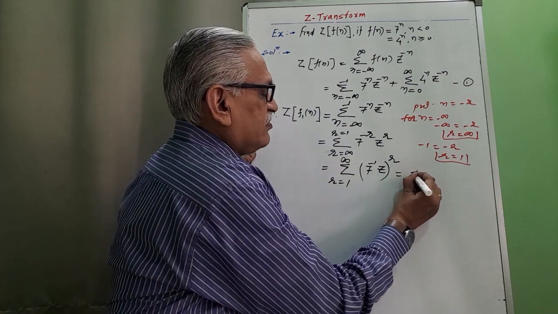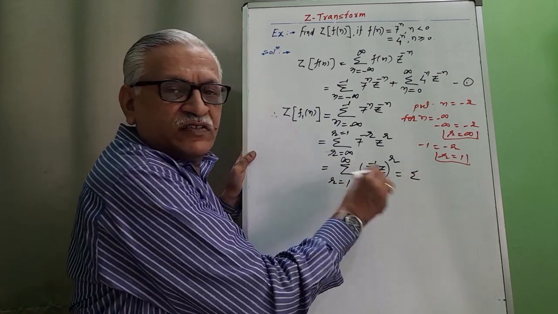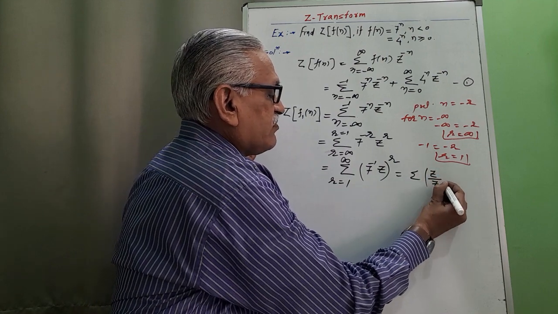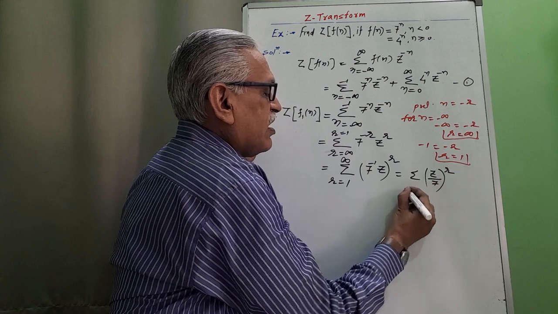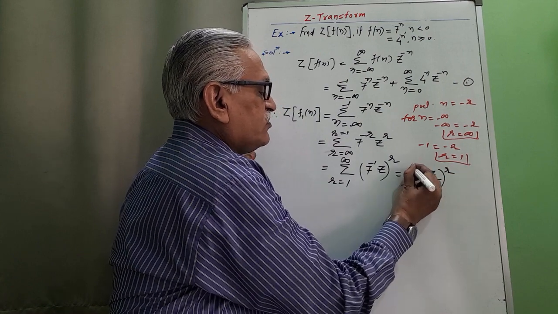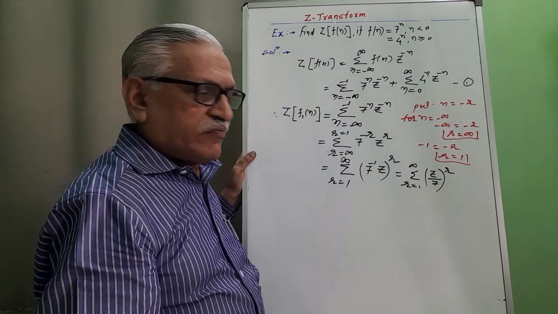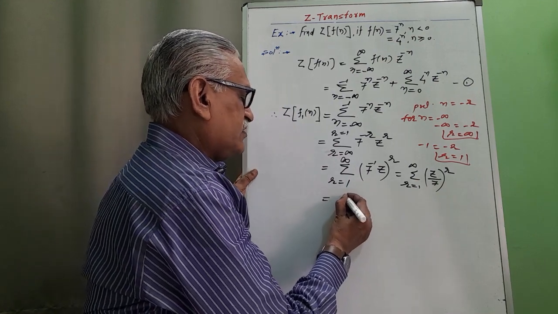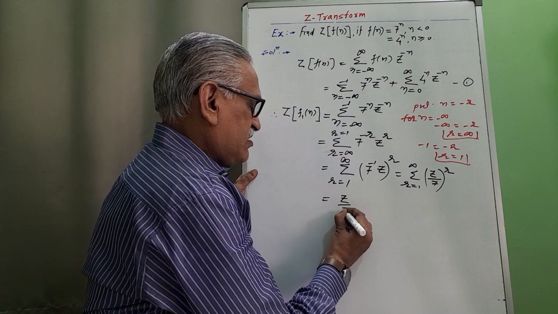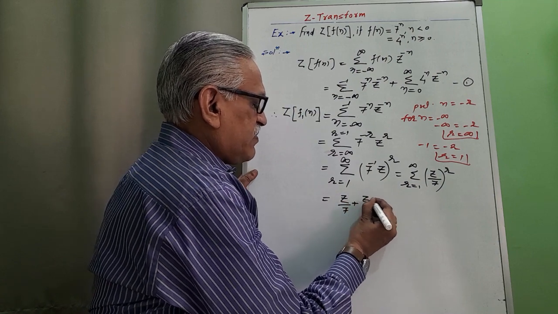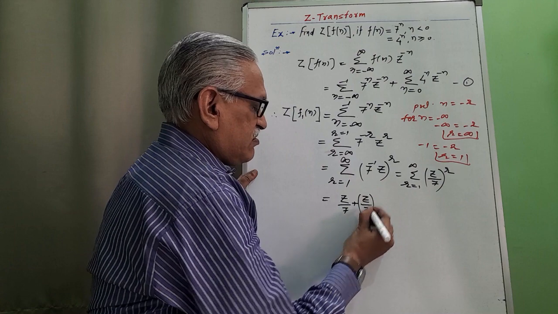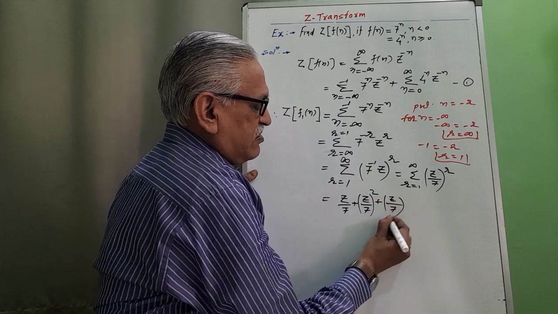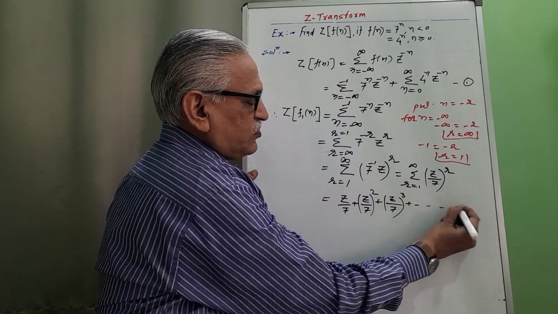This is summation of, transferring this 7 to denominator, z by 7 whole raised to r, r changes from 1 to infinity. Substituting the first value of r as 1, we get first term as z by 7, next z by 7 whole square, next z by 7 cube, and so on.